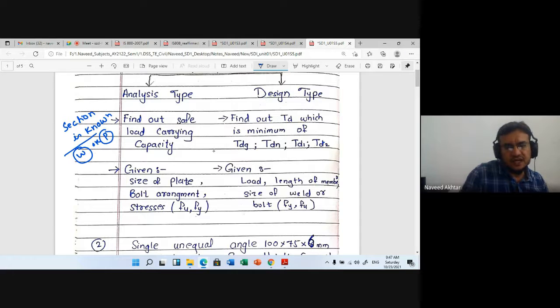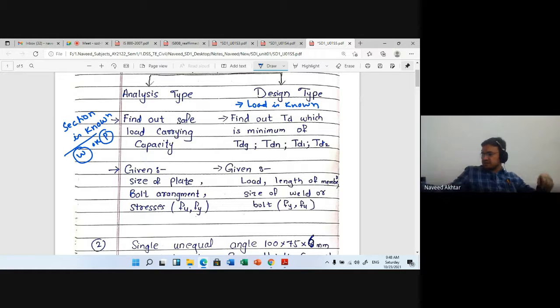In the design type problem, the load is known, and you have to find out the sectional properties, or you have to decide the section.